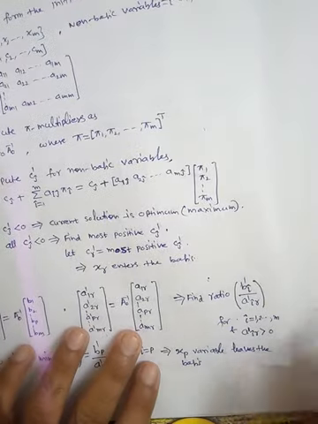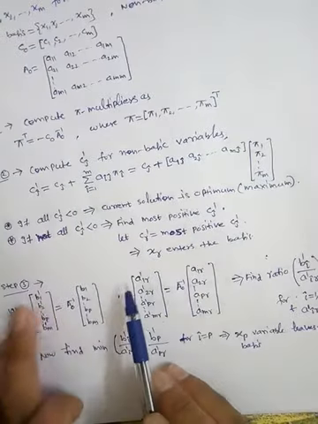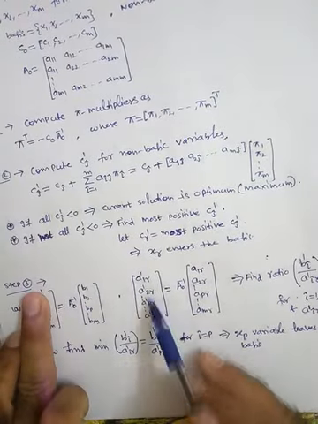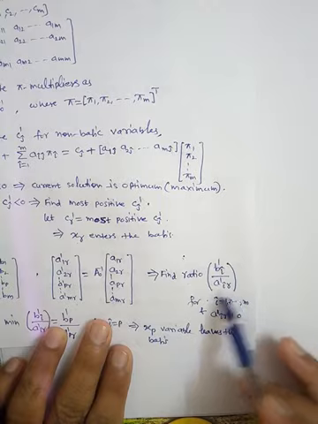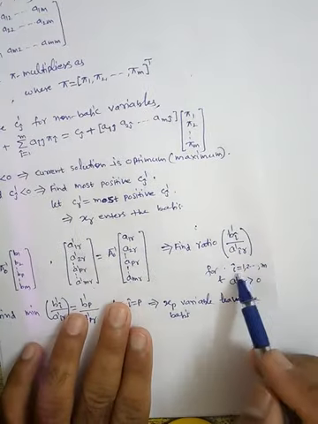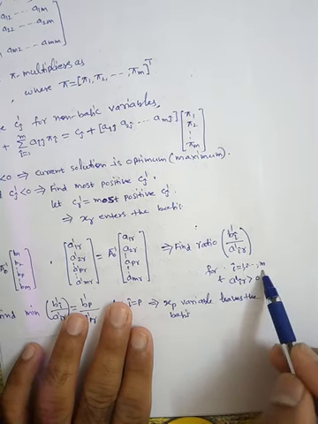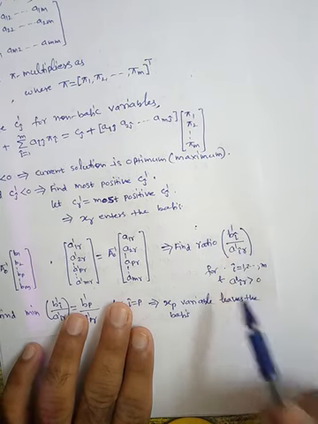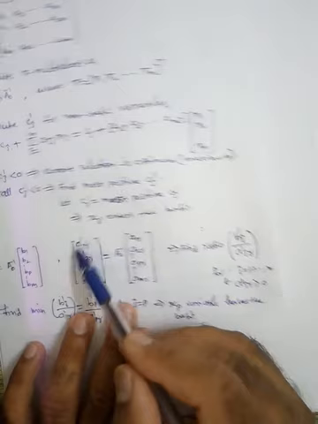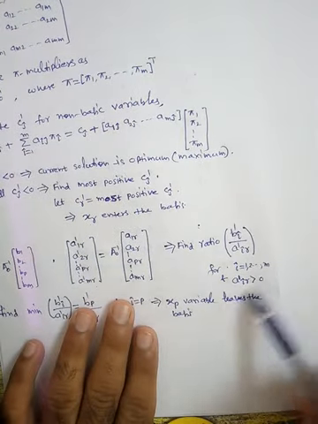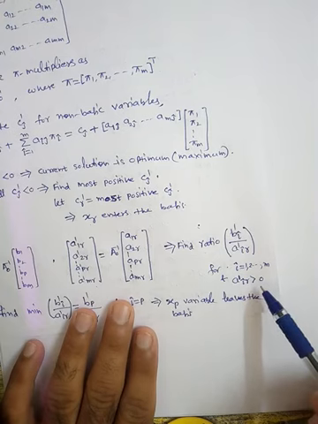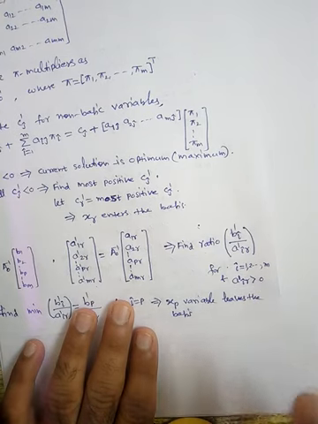Now take the ratio, dividing this vector element by element, so we get the ratio b dash i divided by a dash ir for i equal to 1 to m. This ratio is evaluated only for the positive values. If some value is negative, then we will not consider it.